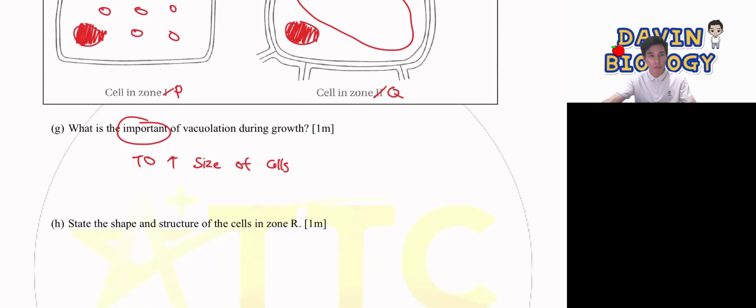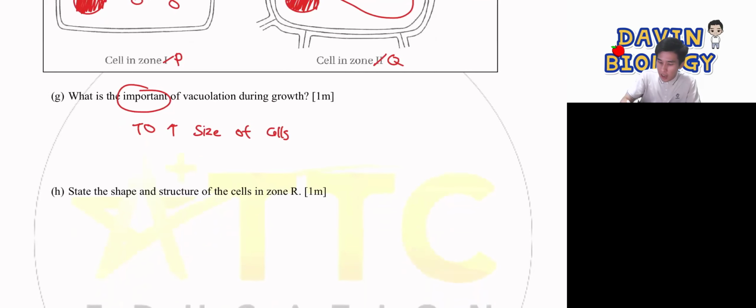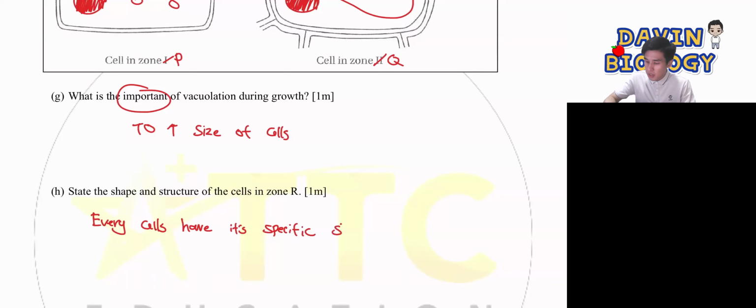So basically, you have to say every cell has its specific shape, or different shape, to carry out a specific function.